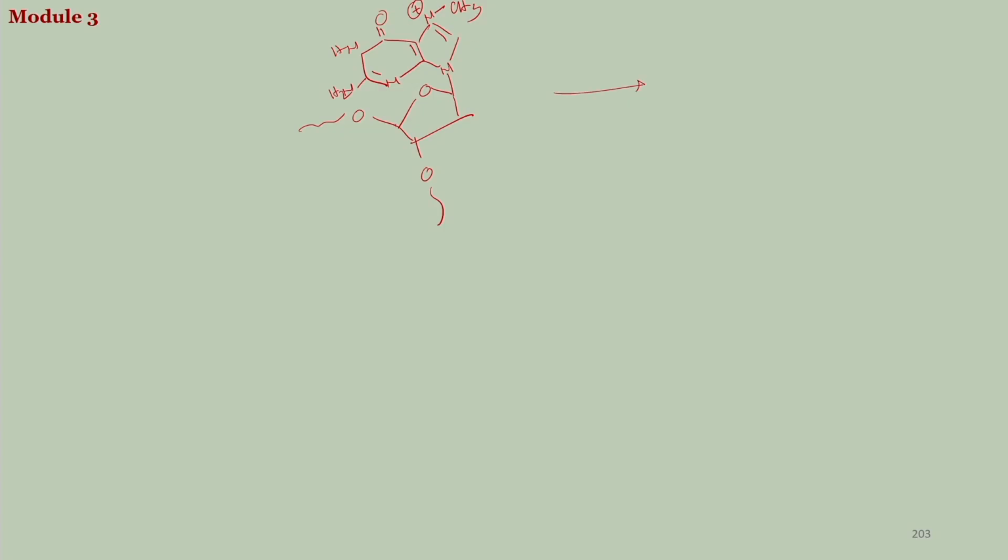Once this has the methylation, that creates a positive charge here, and it will be attacked by a water molecule, and what you are going to get is water, NCH3, here is your sugar, and here you have this.